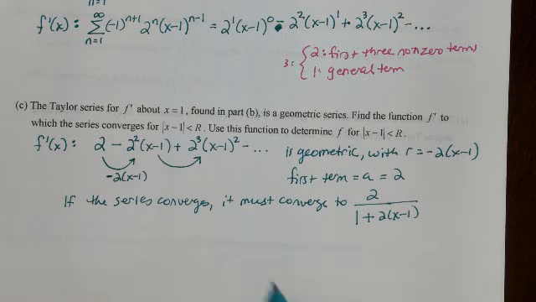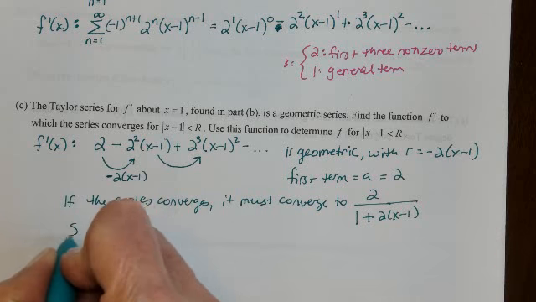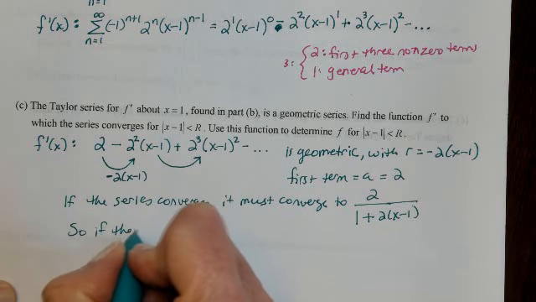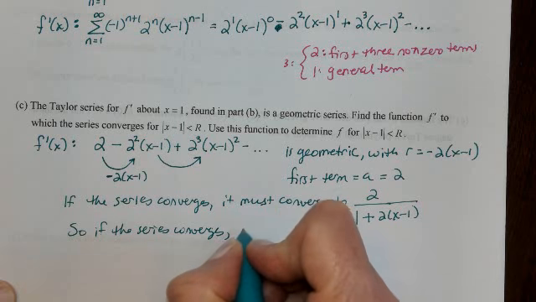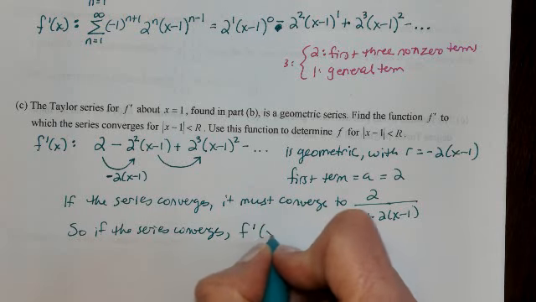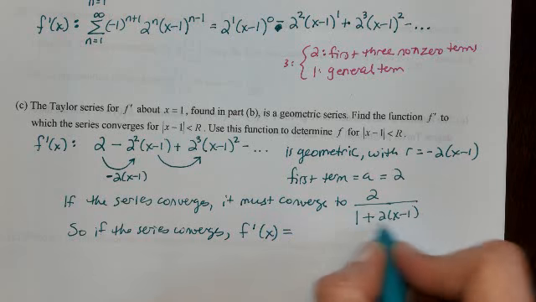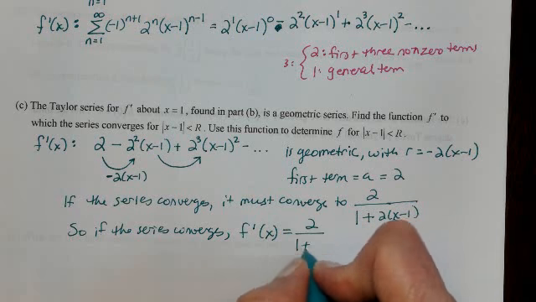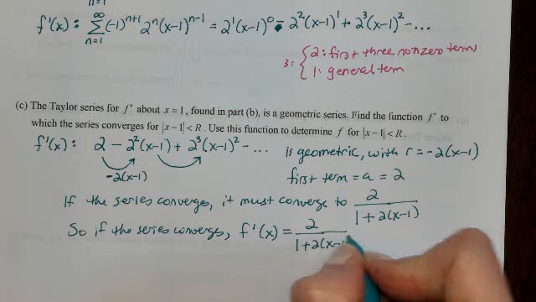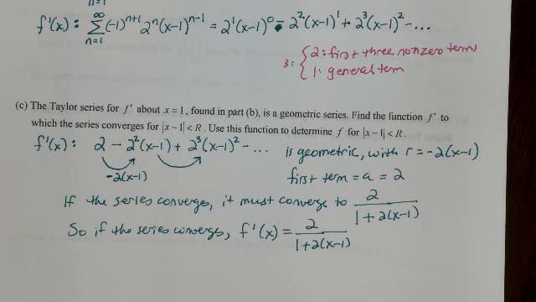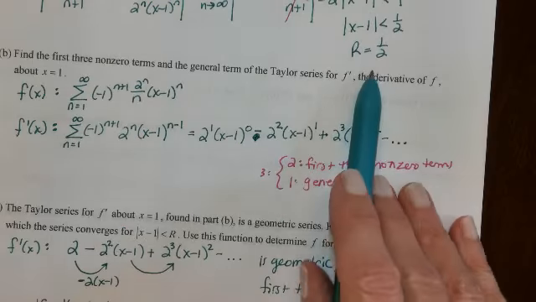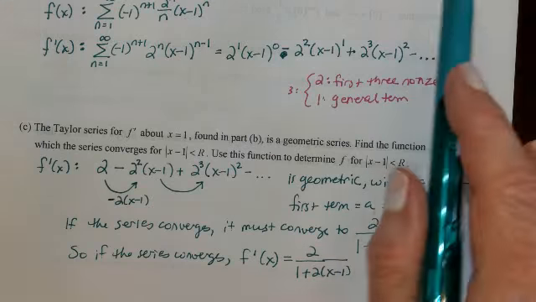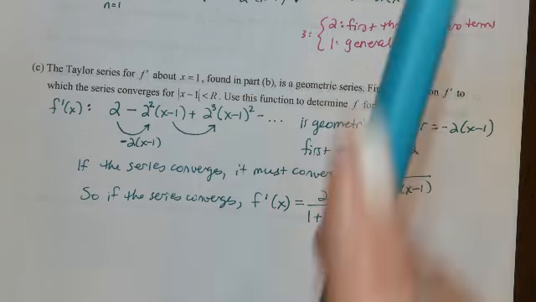Okay, so if the series converges, f prime of x would equal this function, 2 over 1 plus 2 times x minus 1. That's what it would converge to. All right? And it converges again on the radius of convergence. The radius of convergence would only be a half. So a half unit from 1, right?